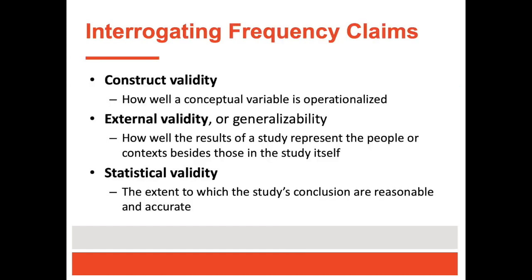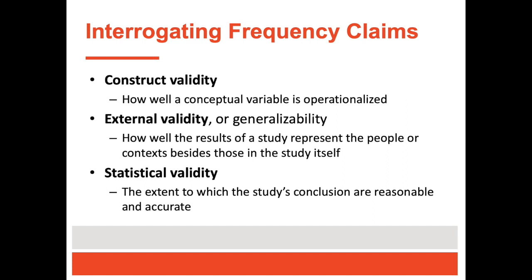So we'll talk about these. When it comes to frequency claims, construct validity is going to show up a lot, because if they don't operationalize the variable correctly, then the frequency is just garbage. It's not what they're claiming. Often, what's really important for frequency claims is also external validity. How well is this generalized to other things?